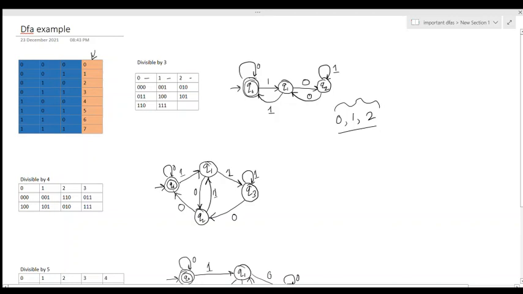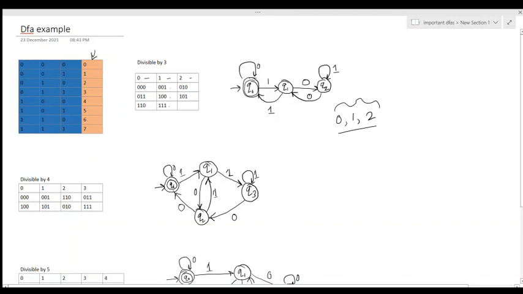The numbers divisible by 3 are 0, 3 and 6, which give the remainder 0. Numbers 1, 4 and 7 give remainder 1, and 2 and 5 give remainder 2.